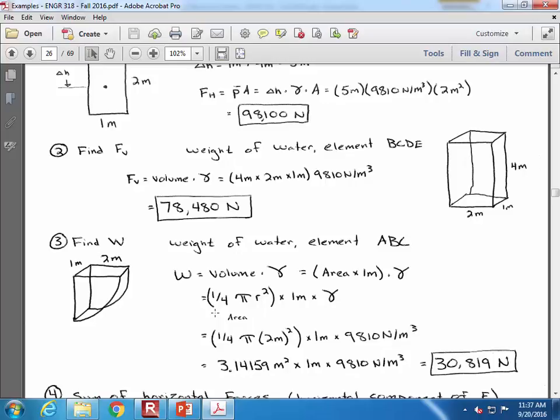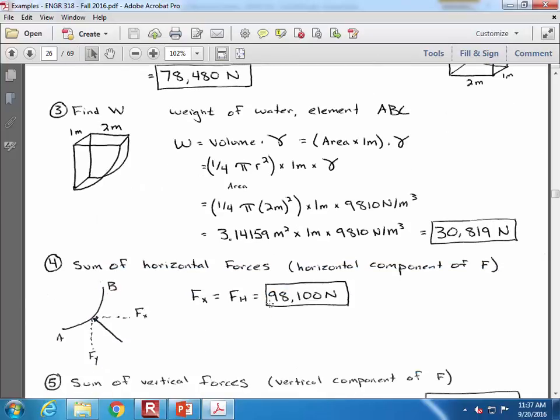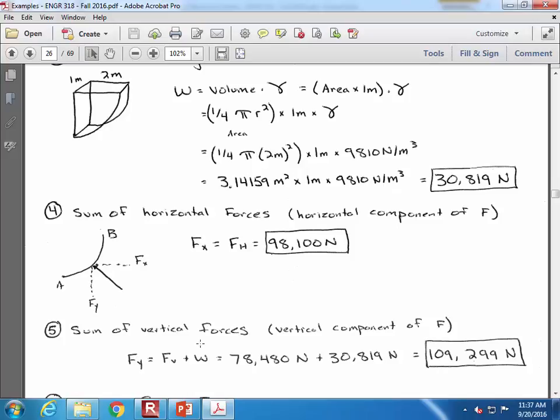All right. So in step 4, we're just adding up the horizontal force components, and so the external force we have to apply to resist the water pressure on the gate is going to have a magnitude of 98.1 kilonewtons, and the vertical force is just going to be the sum of these two vertical forces that were down.